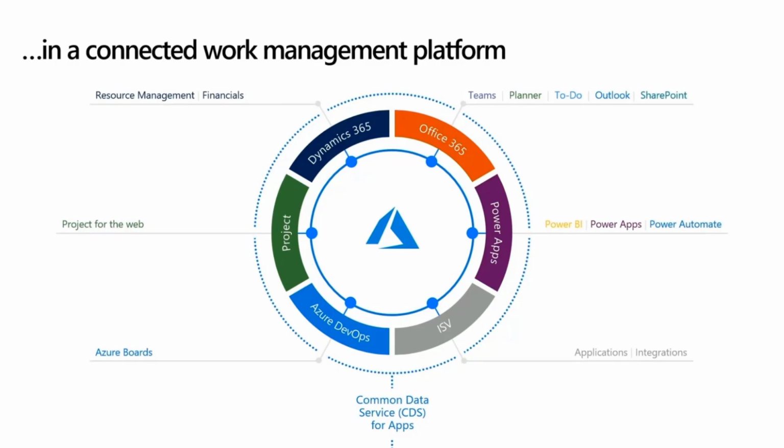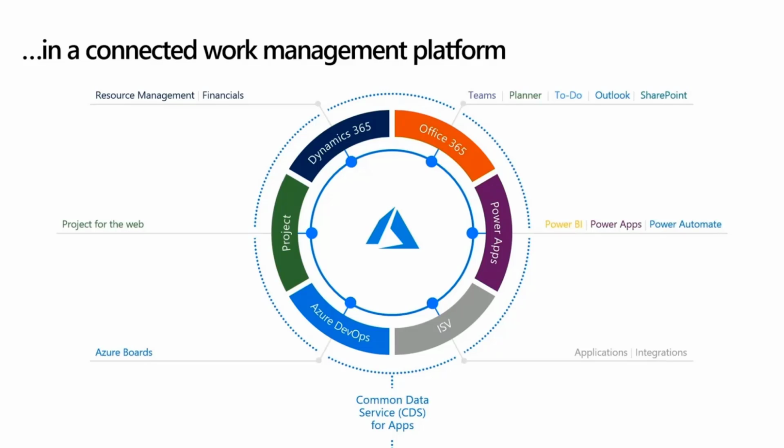So everything from Project for the Web, which is now built on the Power Platform, Dynamics 365, which brings in resource management and financials and many other things, Office, which brings in Teams, Planner, To Do, Outlook, and SharePoint, and Project for the Web is natively integrated with Office. It's really built on Office as well as the Power Platform. And because Project for the Web is built on the Power Platform, we can bring to bear Power BI as our native reporting engine. Customers and ISVs can build great solutions using Power Apps, and we can automate workflows and business processes with Power Automate.